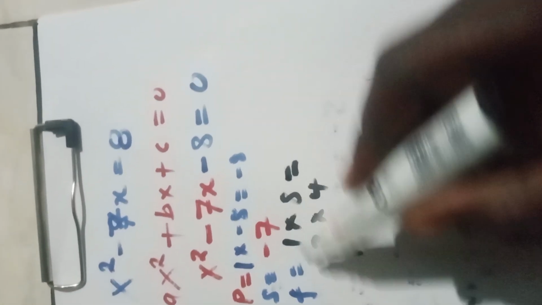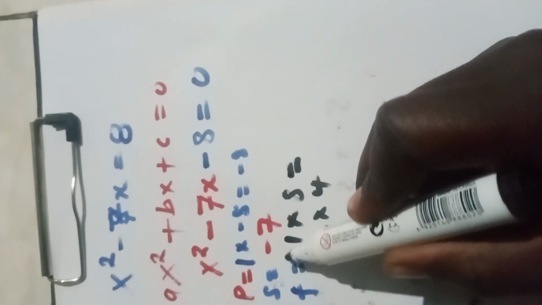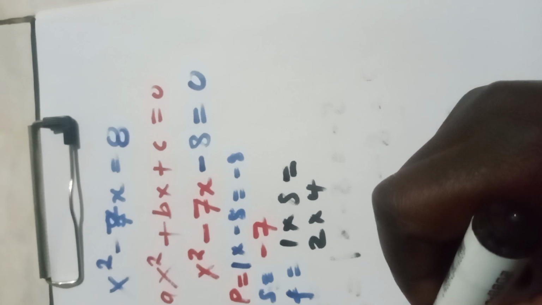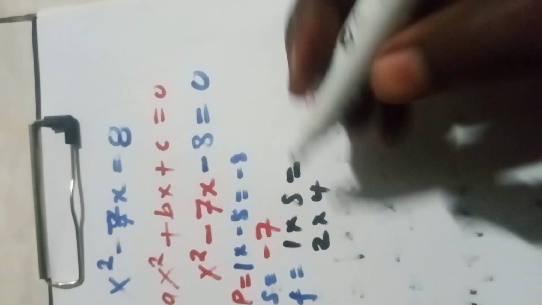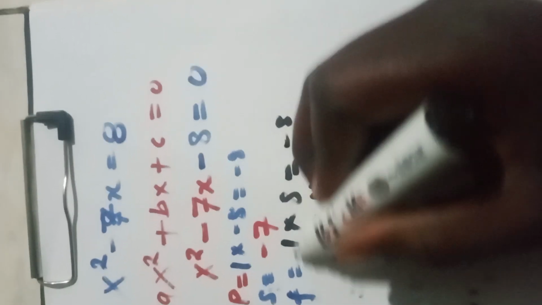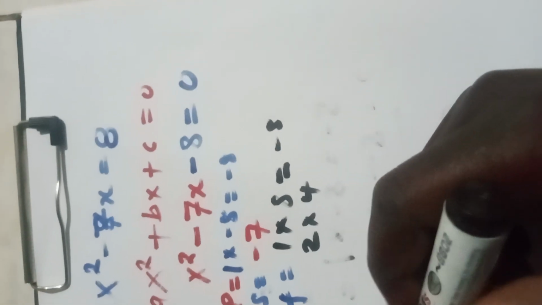When you multiply this one, how are you going to be able to get negative 8? So you can put a negative on this side. So are you going to be able to get a negative 8? Yes. When you multiply, you're going to be able to get negative 8. That's if you have a negative that side, right? But when you add, you discover that you won't be able to get a negative 7.